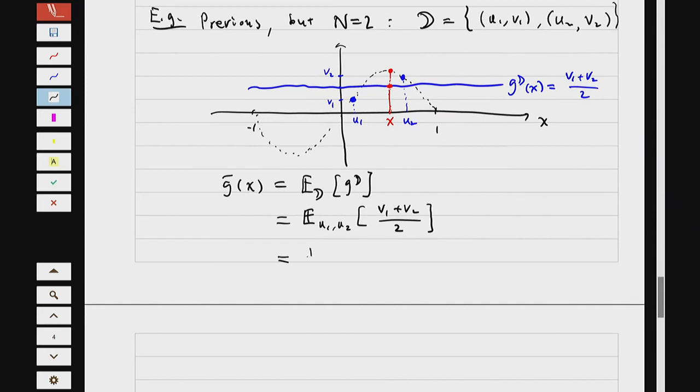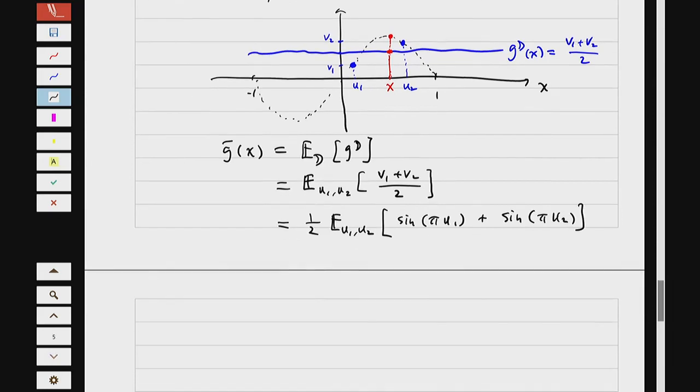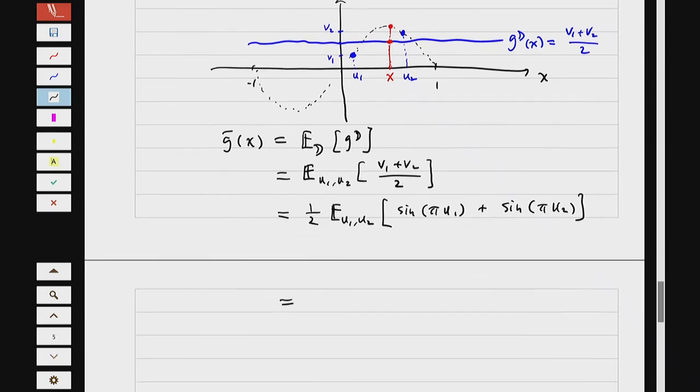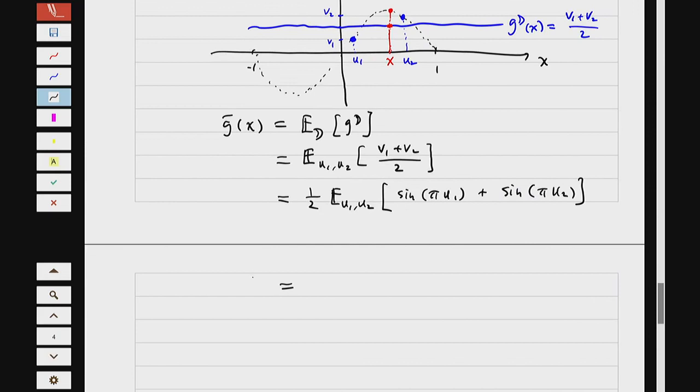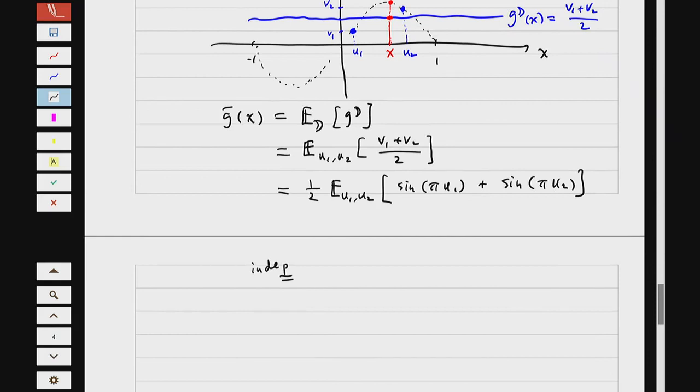And so this is simply half of E over U1, U2 of V1 plus V2. V1 is simply sine of pi U1, and then the other one is sine of pi U2. Now, because U1 and U2 are chosen independently of each other, we can break up this expectation into 2 parts. The first part has something to do with U1, the second part has something to do with U2. So I can simplify this.